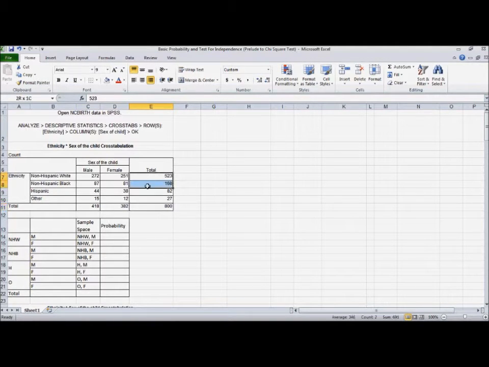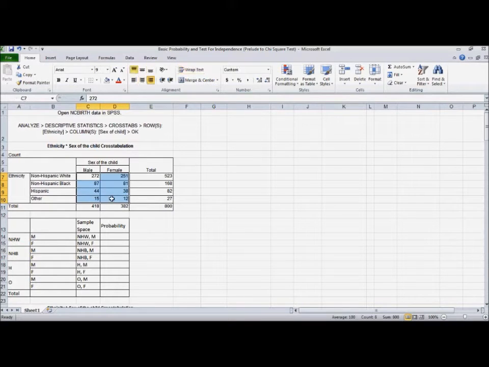In this case, our marginal totals represent ethnic backgrounds of our mothers. So in this case, we see there were 523 non-Hispanic white mothers, 168 non-Hispanic black mothers, 82 Hispanic mothers, and 27 of other ethnic background, and that should add up to 800 as well.